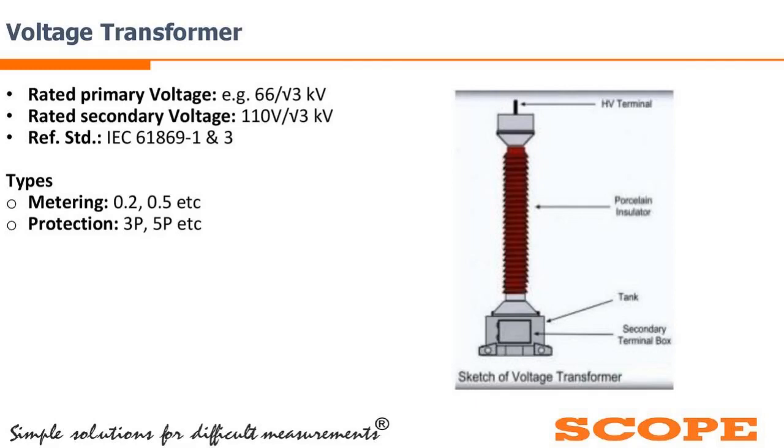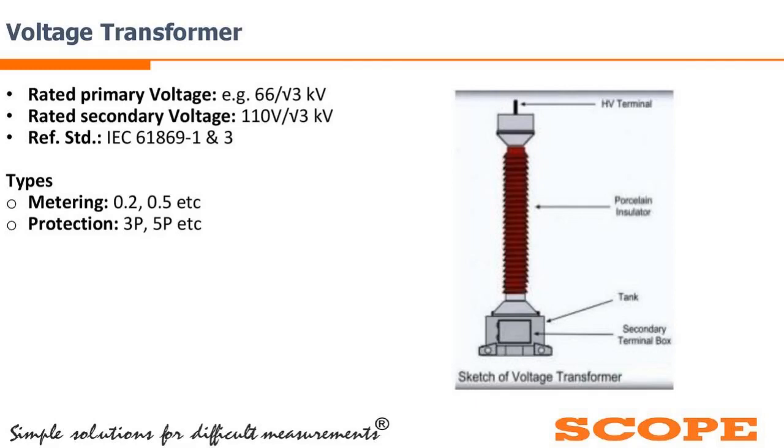The voltage transformer primary voltage is 66 kV, 132 kV, 220 kV or 400 kV as per the rated substation voltage, divided by √3, which is the line to neutral, or line to earth voltage. That is why the voltage is always divided by √3, and the secondary voltage is always 110 volt divided by √3. The reference IEC standard is 61869-1 and 3.